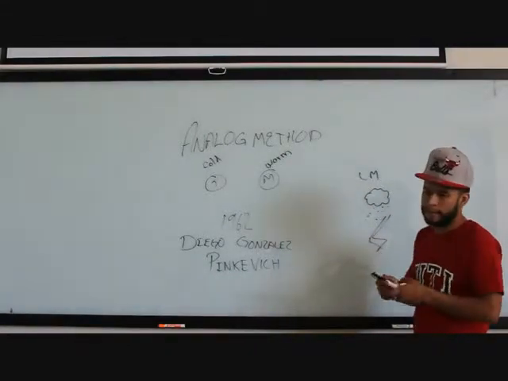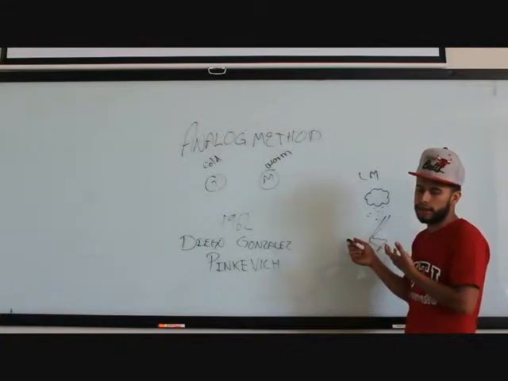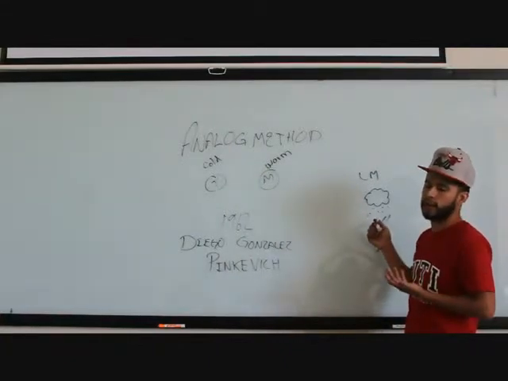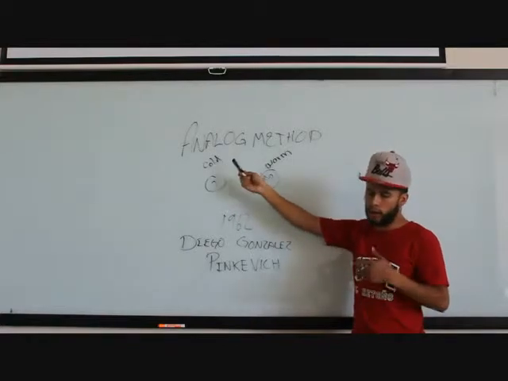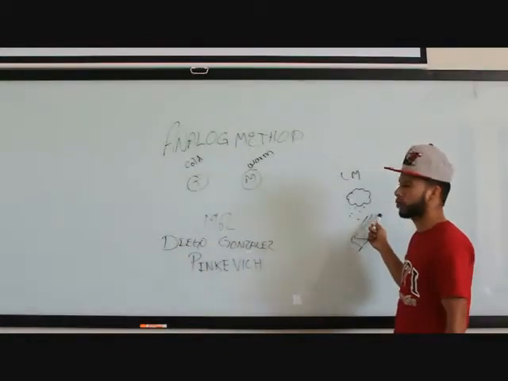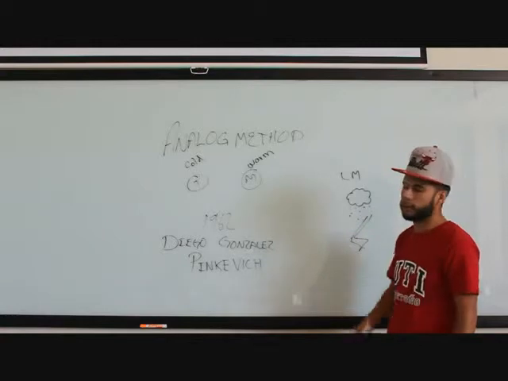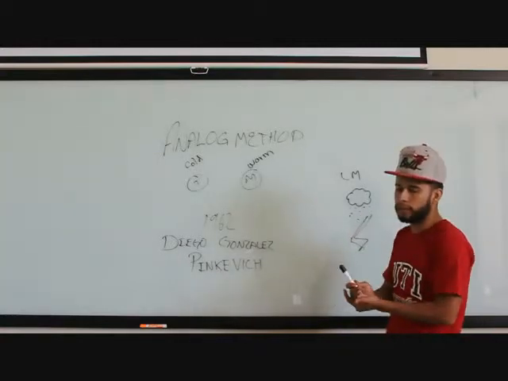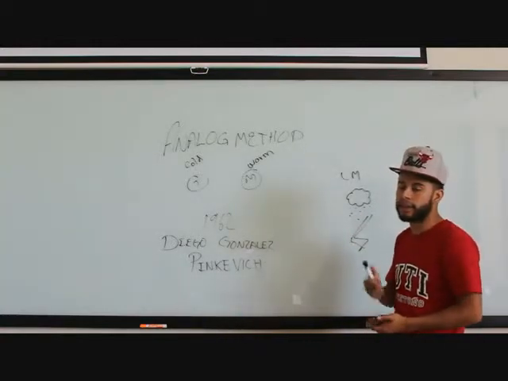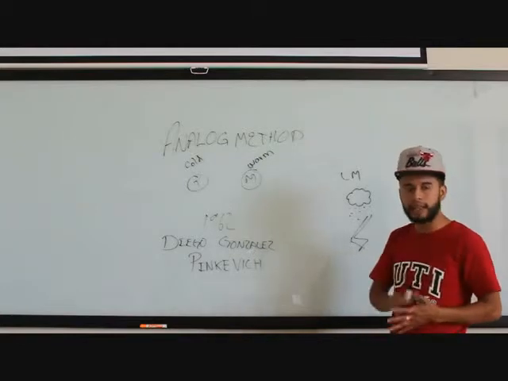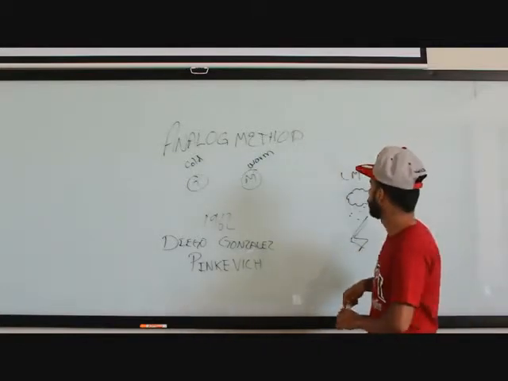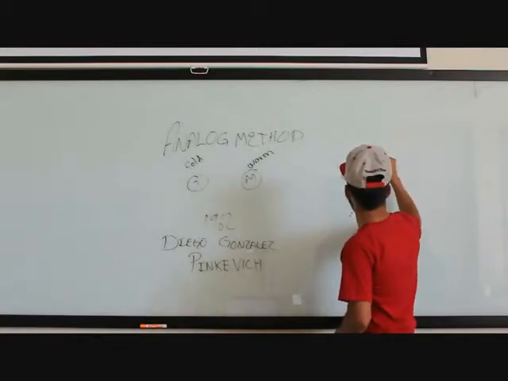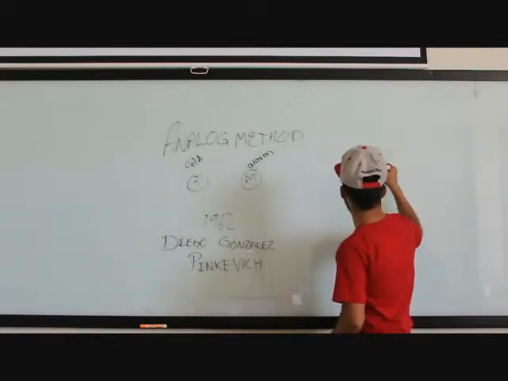And using the analog method, you will predict that this cold front will also produce thunderstorms in the afternoon. So the analog method is based on predicting events or statements from the past. Okay, so based on past events.